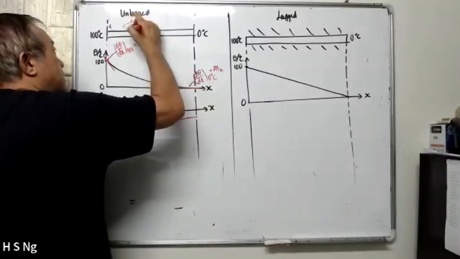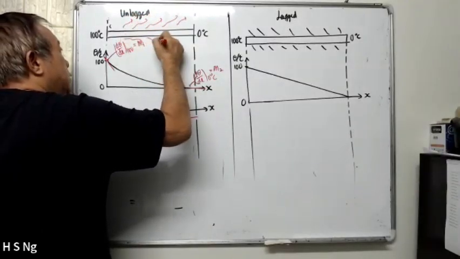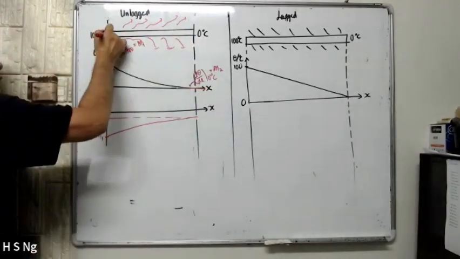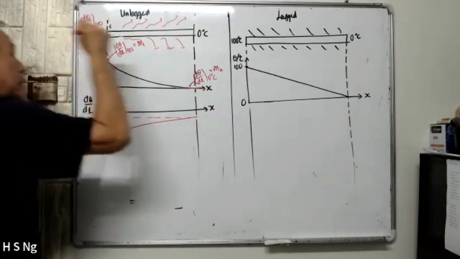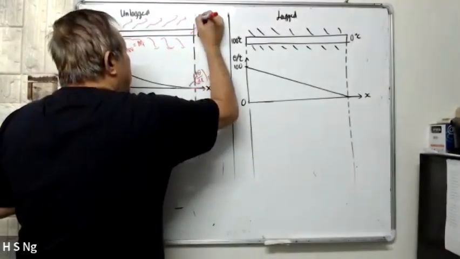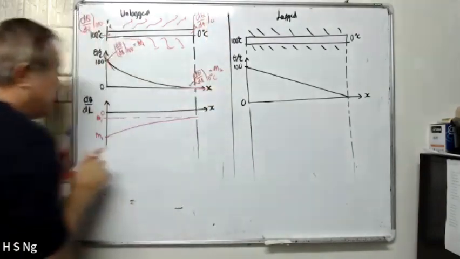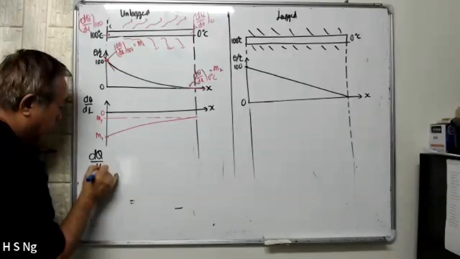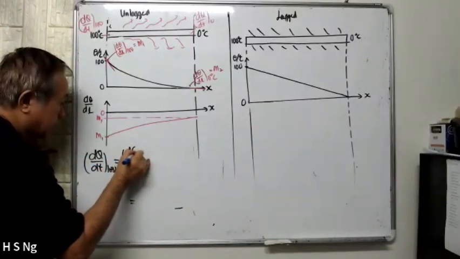Then the heat loss, this is the only thing we can calculate for the unlagged bar. When you calculate heat loss, you have to calculate the rate of heat flow here at 100 minus the rate of heat flow here at 0. That means the rate of heat loss will be this.